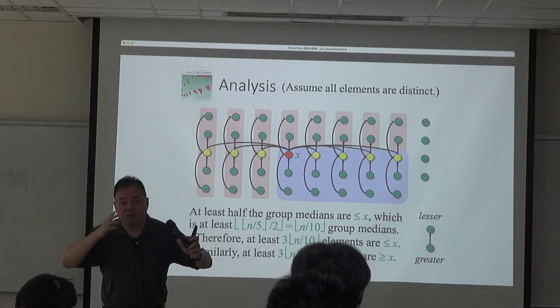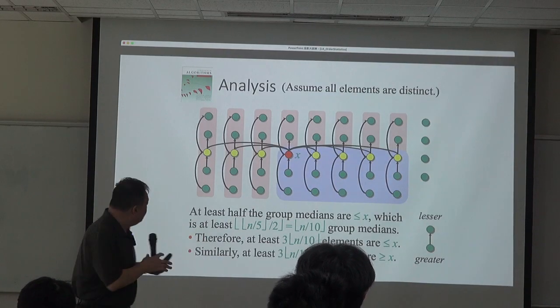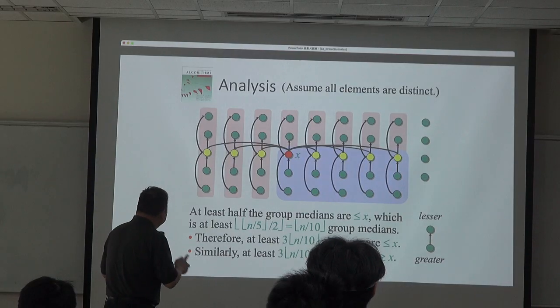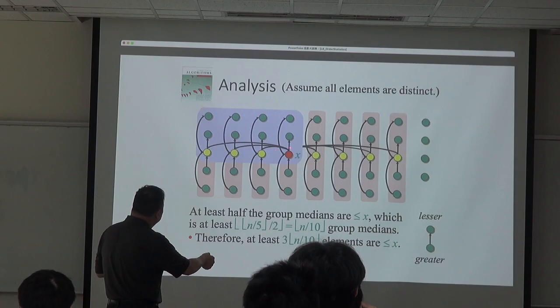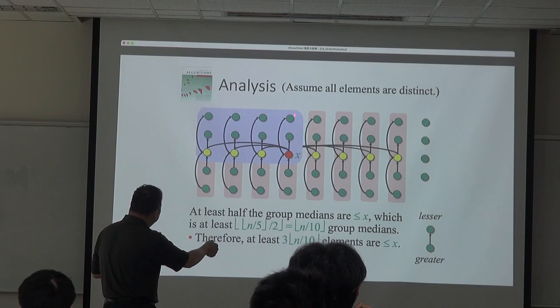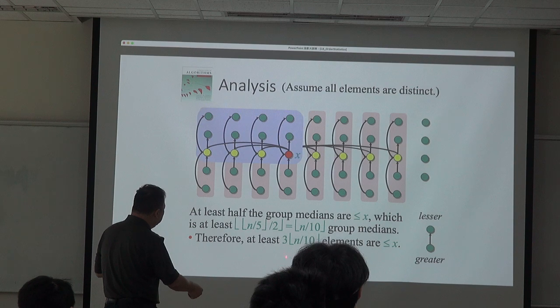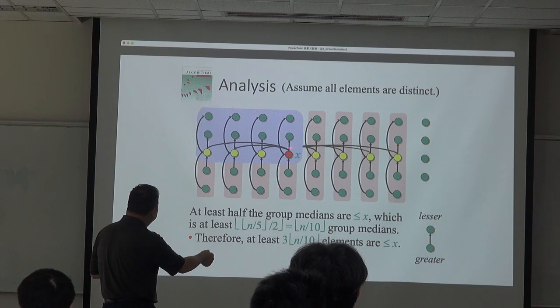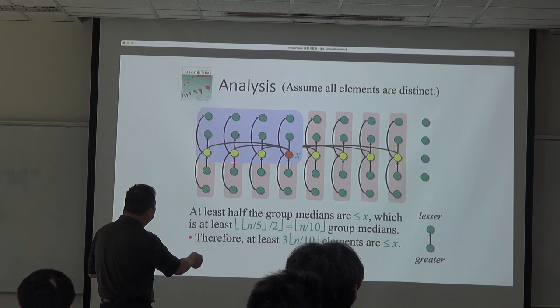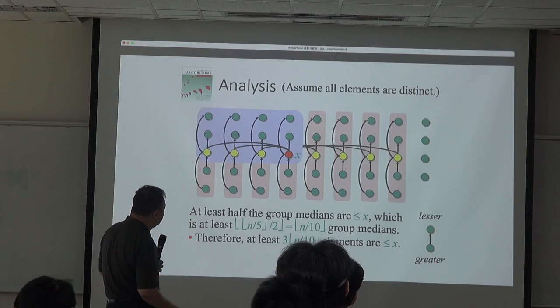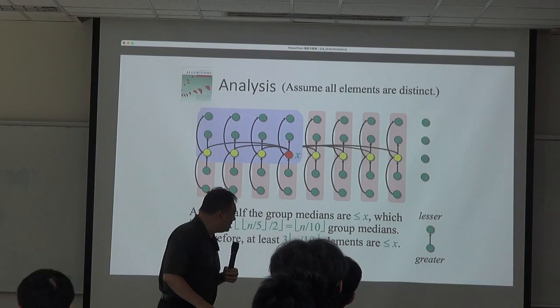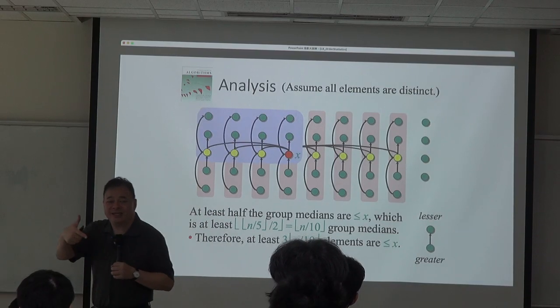In the larger group. But here, if the number is not in this set, it must be in this set, right? So in the worst case, it's going to be n divided by 10 times 7, right?